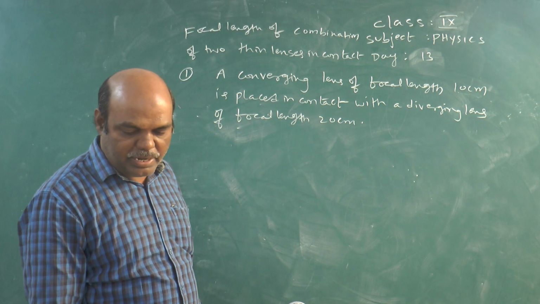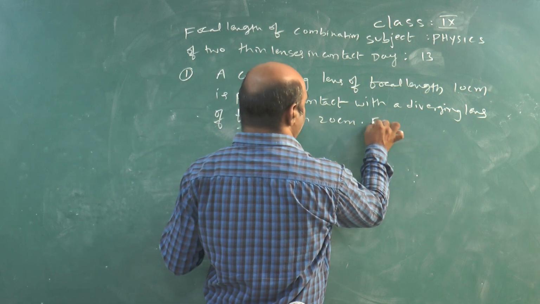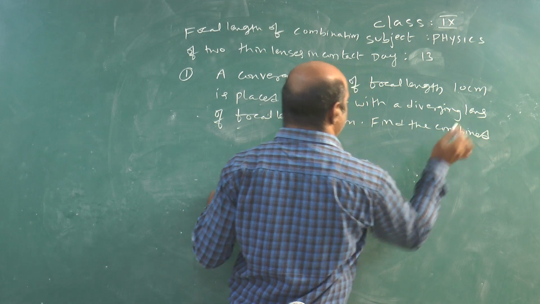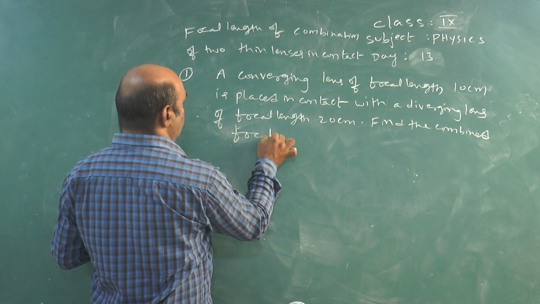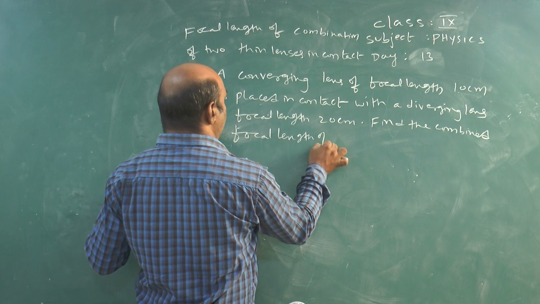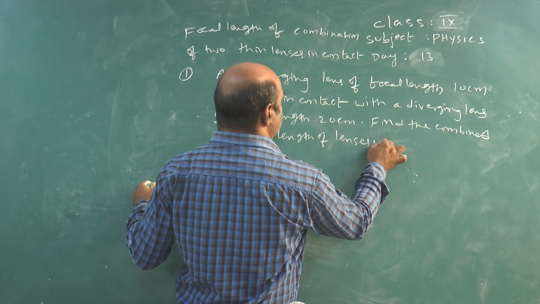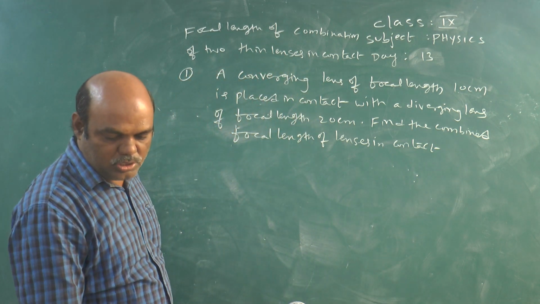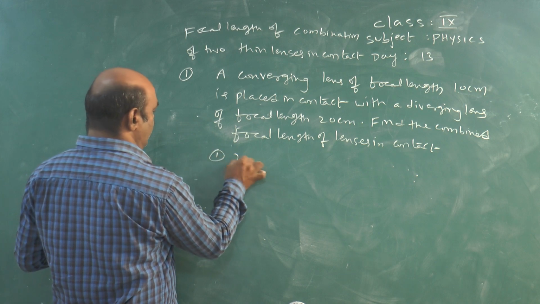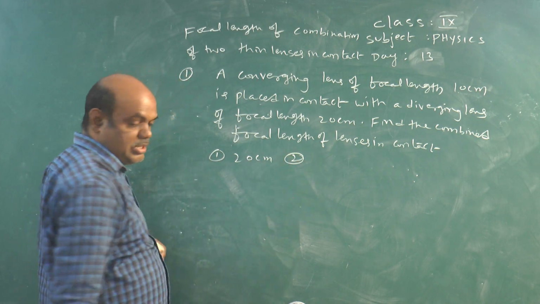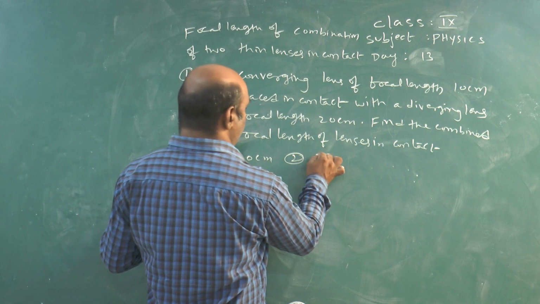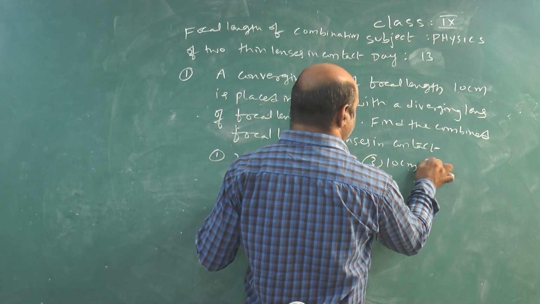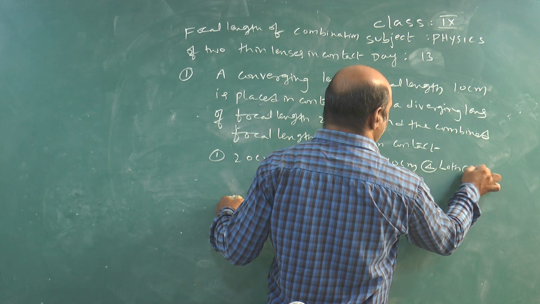Find the combined focal length of the lenses in contact. The first option is 20 centimeter, second option is 0.2 meter, third option is 10 centimeter, fourth option is both 1 and 2.